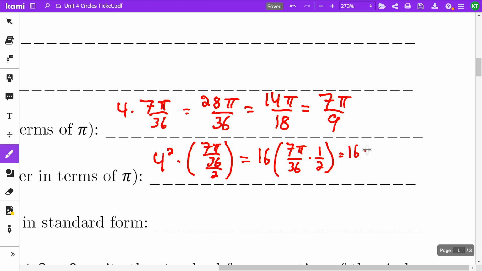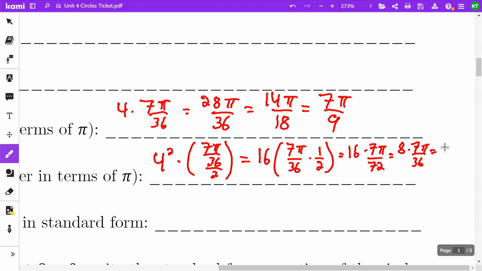Which will equal 16 times 7 pi over 72. So I can simplify this further. 72 and 16, I can divide both of those by 2, to give me 8 times 7 pi over 36. And I can divide both of those by 4.